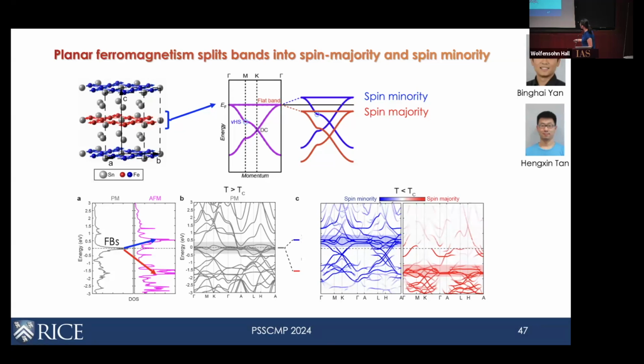For the non-magnetic phase, which I showed in the earlier slide, you see a big peak in the density of states at the Fermi level. Those are the Kagome flat bands. In the AFM ordered phase, you indeed see this split into two, which map to the spin minority and spin majority Kagome flat bands, right? So in essence, this gives us confidence that we can look at this by examining whether these bands close or not across the ordering temperature.